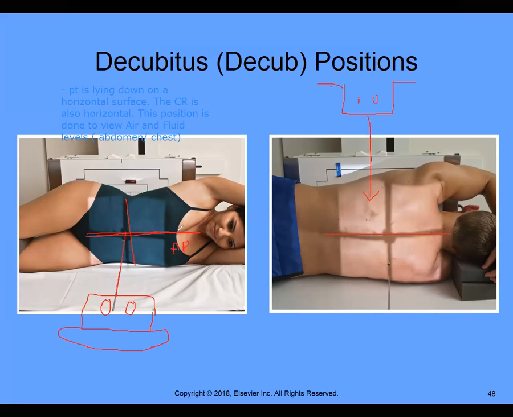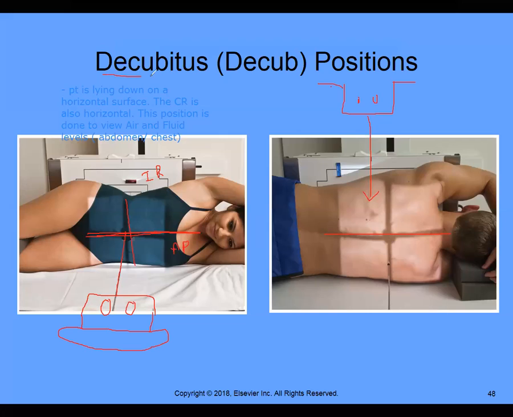It's entering her horizontally, so it's actually entering her anterior and exiting posterior, because look at this. This is her image receptor back here. So if I wanted to describe the projection, it would be an anterior posterior projection, decubitus.